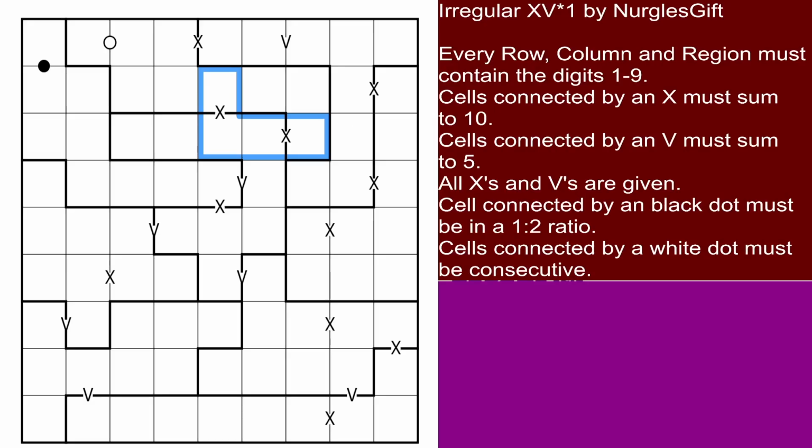So this author, NurglesGift, has a special series. There is one with regular Sudoku with an XV constant, and now another one with irregular Sudokus with an XV constant.